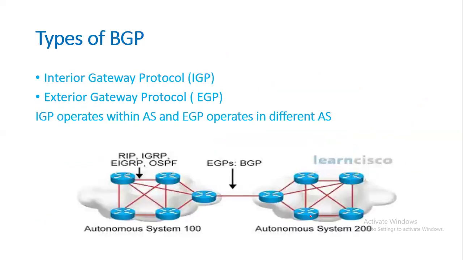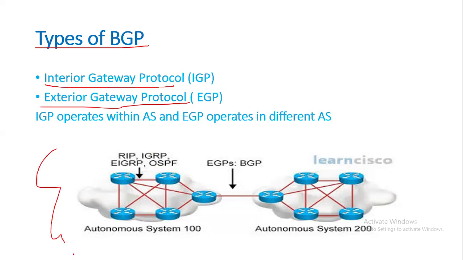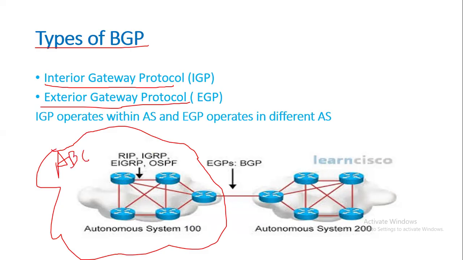Okay, now the next one is the interior gateway protocol and the exterior gateway protocol. There are these two types of BGP. Examples of interior gateway protocols are RIP, IGRP, EIGRP, OSPF. Let's take an example: you have the organization ABC and the routers are present in different locations or the same location, it doesn't matter, but they belong to the same autonomous number.